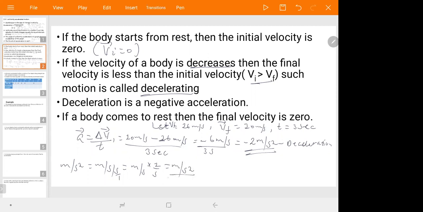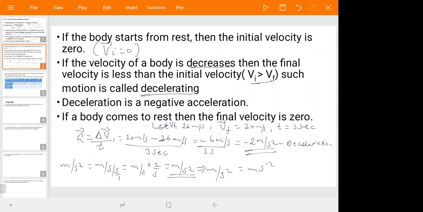This is the SI unit of acceleration. So the SI unit of acceleration is meter per second square, which is equal to meter times second to the power of negative 2. We have seen this in our above discussion.